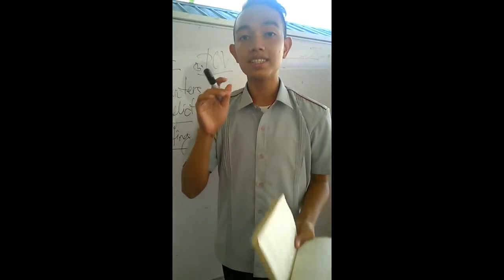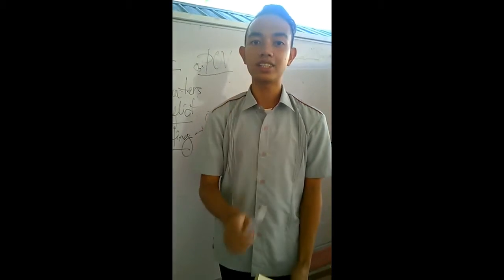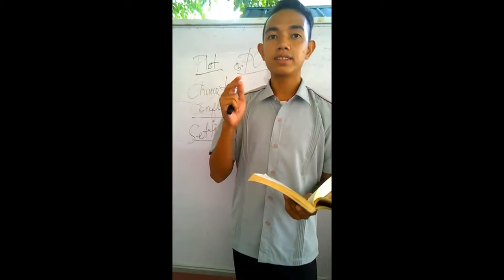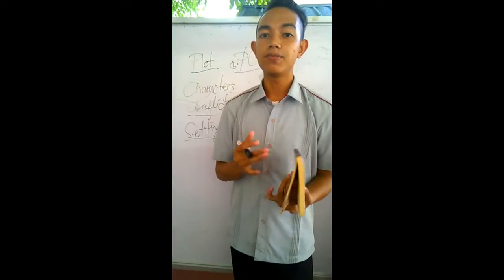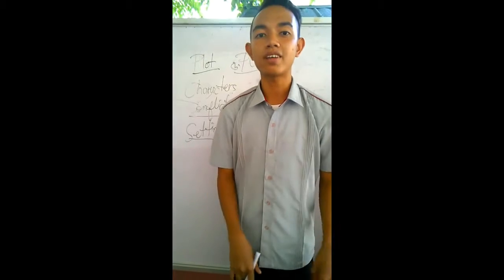The narrator centers on the thoughts or feelings of just one character in a story. Number three is the third person omniscient. It is called the all-knowing point of view, where the writer knows all about the feelings and thoughts of all the characters.